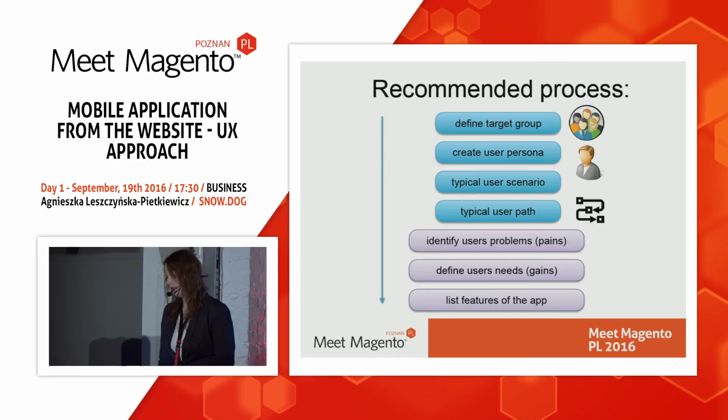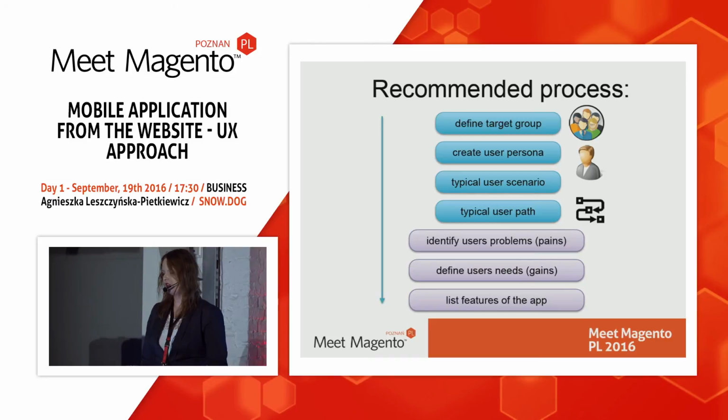And talking about details, it's good to define the target group. Who is your customer? I mean, sometimes people forget about it. Later, you should create a so-called user persona. So it's like a typical user. You should write for him kind of a scenario. This is a little bit similar to what I showed, like these two examples before.